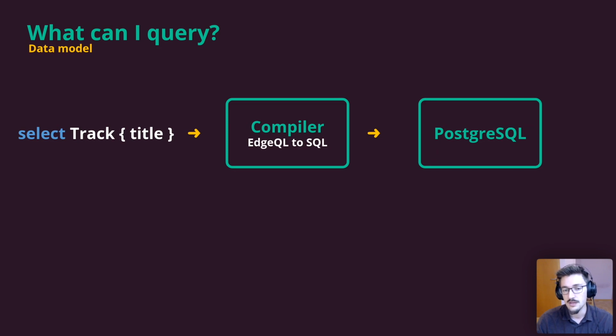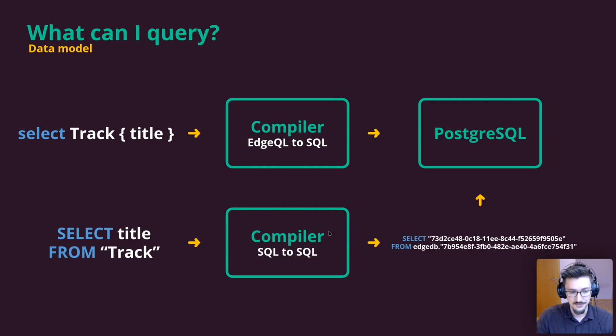So what we did is we created another compiler that takes nice, pretty user-friendly SQL and compiles to machine-friendly SQL. Note that these two SQL queries have the same structure, and this is because I'm going to tell you how EdgeDB actually stores data, how the tables are laid out, so you can know what SQL queries you can issue.